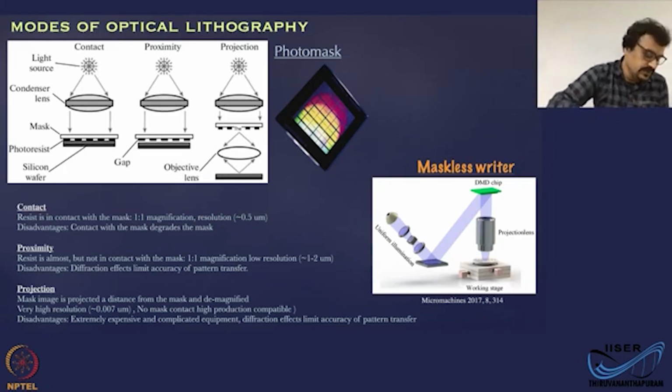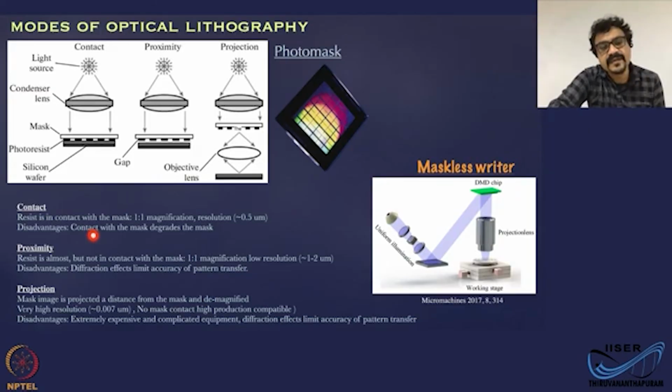The issue in this case is that the contact can actually degrade the mask when you reuse it, and you can also introduce particulates from the mask onto the substrate. So this is a less clean process.